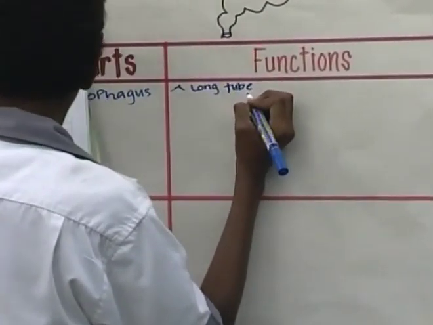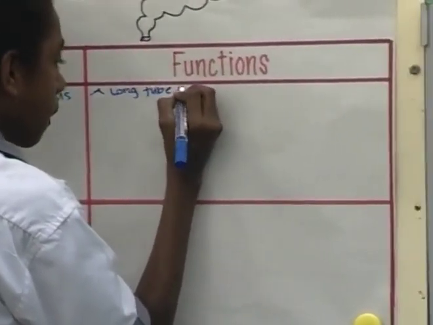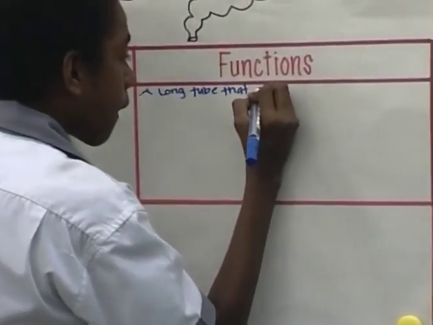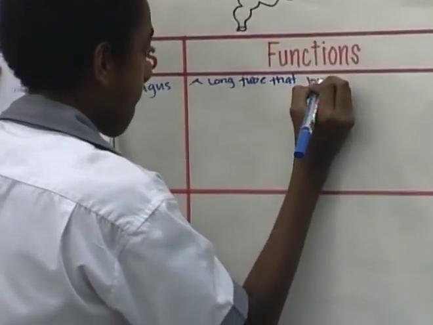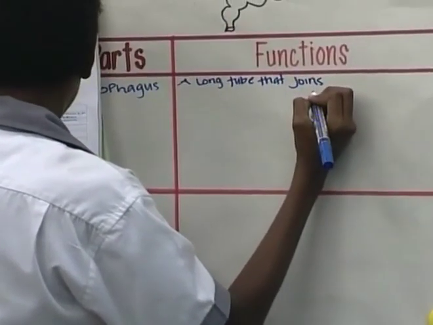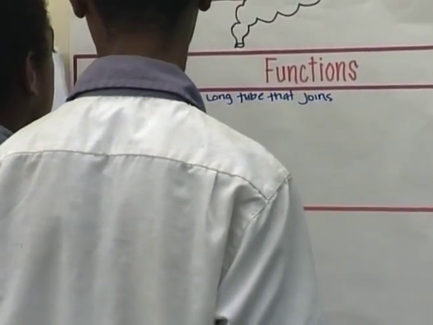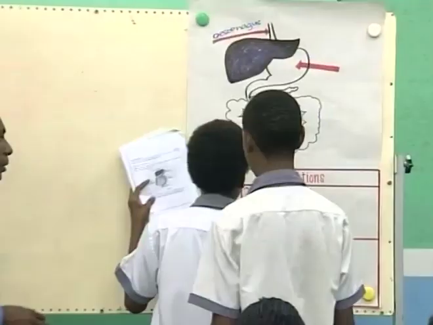And JJ is going to write the name of the second part. Only the part. Supposed to write only the part. Anyway, carry on.